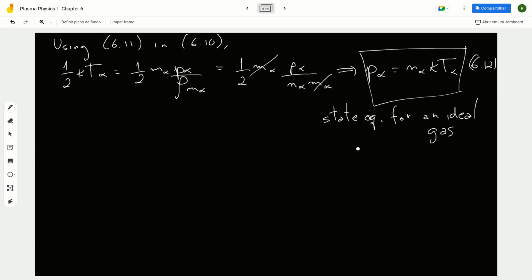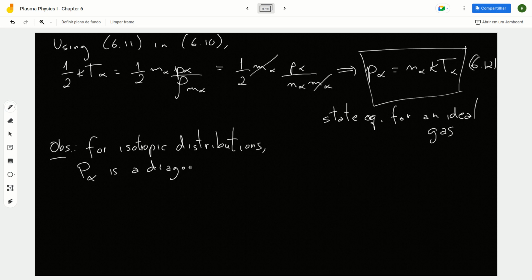All right, then for isotropic distributions of velocities, let's write as an observation, P, now capital P, is a tensor, it's a diagonal tensor with all elements equal to this P alpha.